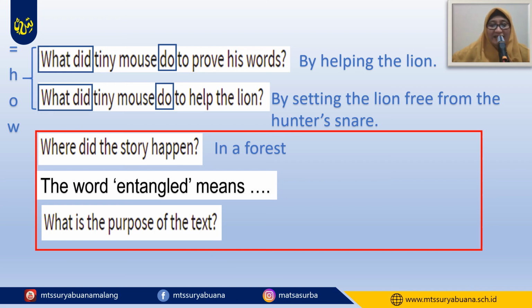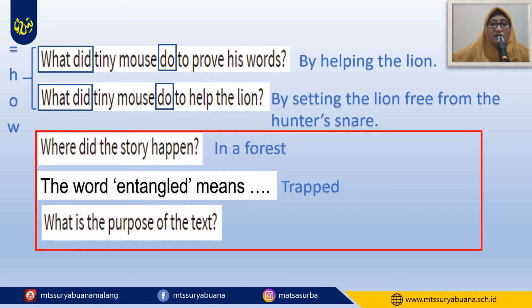So entangled here has a similar meaning to trapped, being trapped. This kind of question really needs the mastery of vocabulary. So you need to read more English passages to enrich your vocabulary. Now the last question.